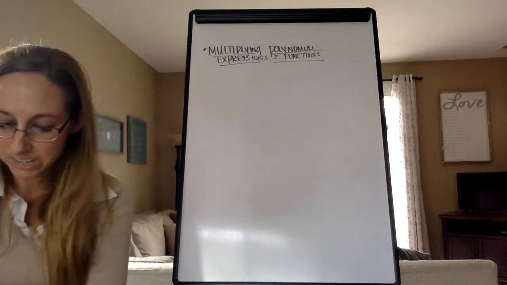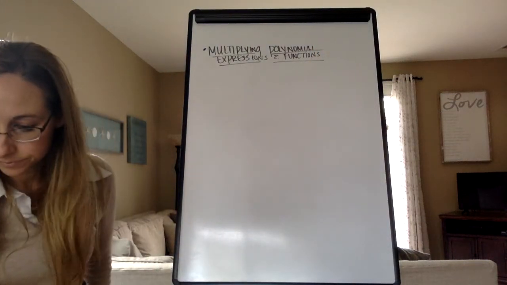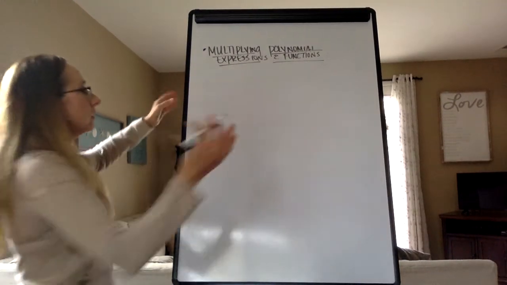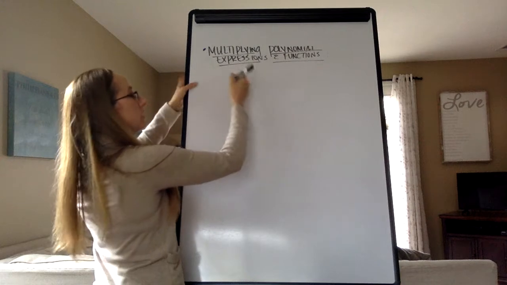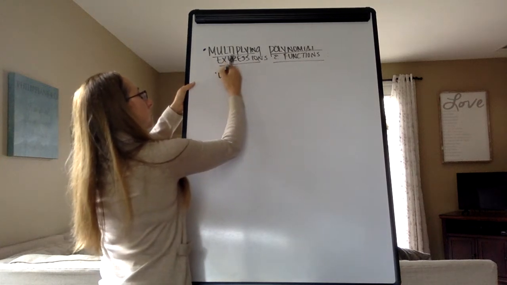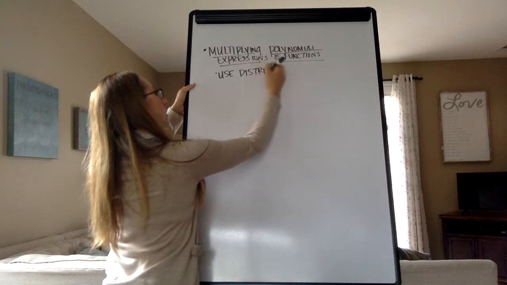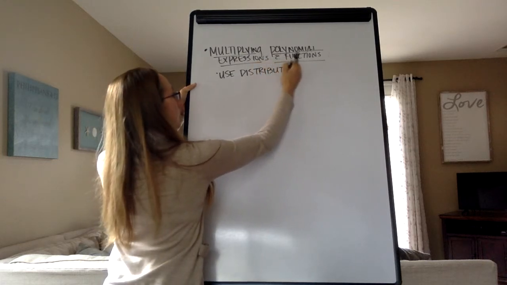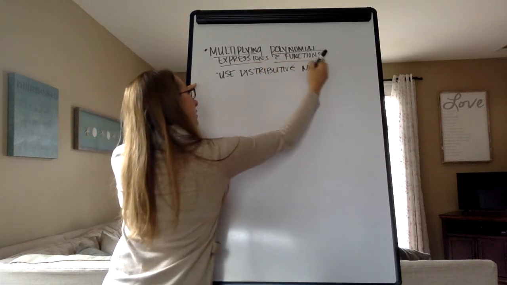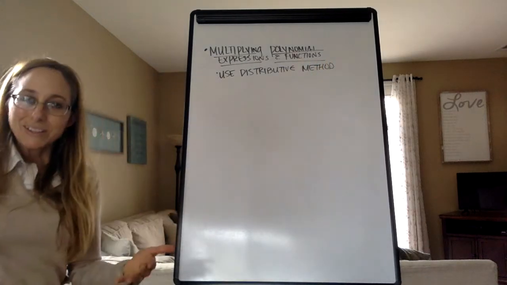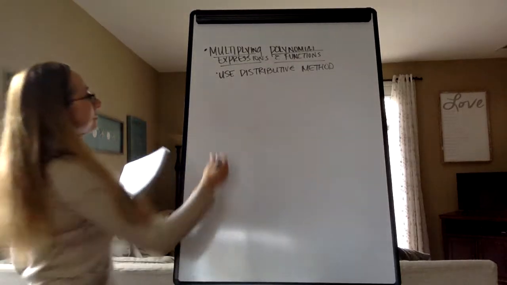All right, let's go ahead and, well, how do we do it? We always use the distributive method. That's all you have to do. So when you're multiplying two polynomials together, you're going to use the distributive method. Now let's go ahead and look at an example.